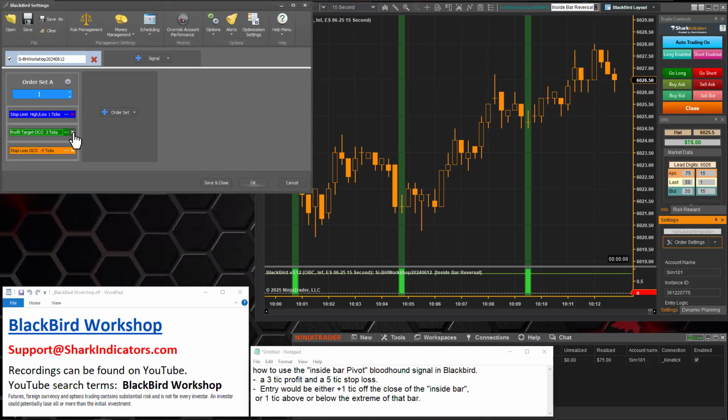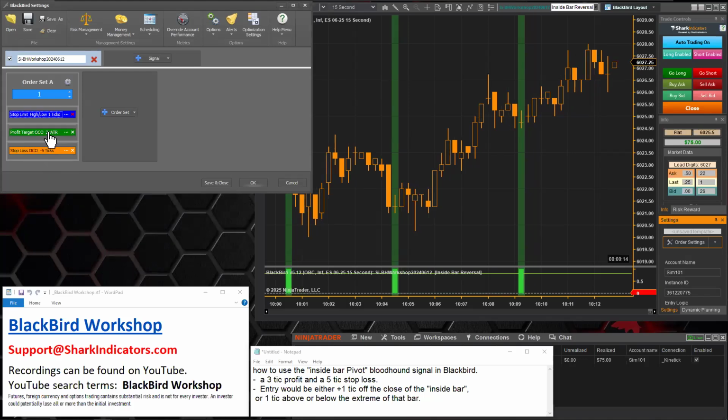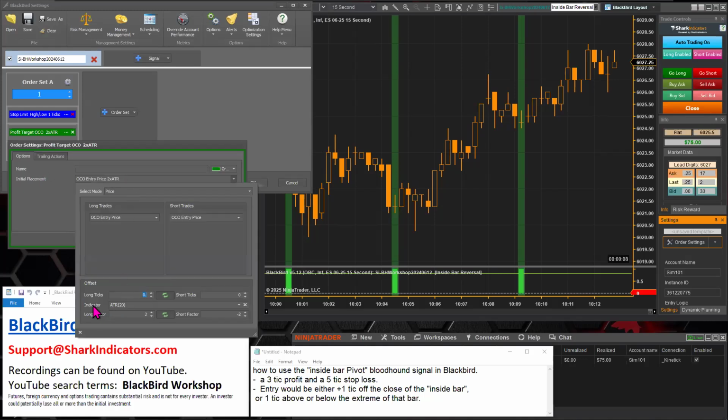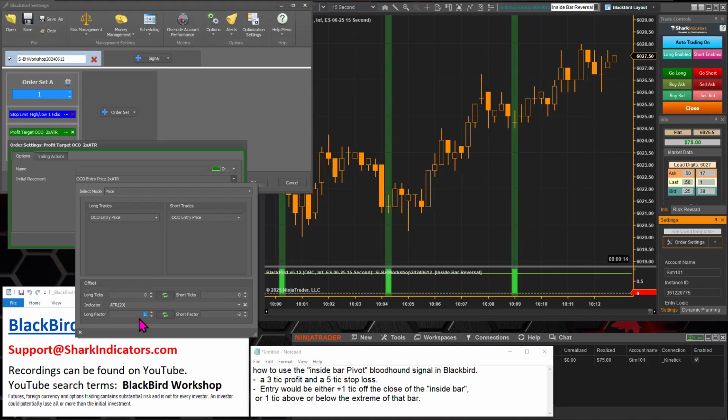Let's cancel that, I'll get rid of this and I'll go to the ATR from the quick list here. And then when we open up our initial placement, we can see the ATR is already placed in the offset section here, and the multiplier is already set to 2.